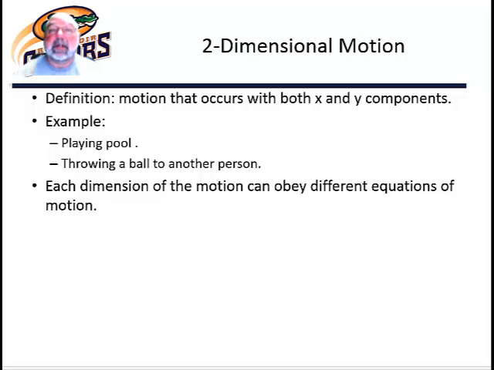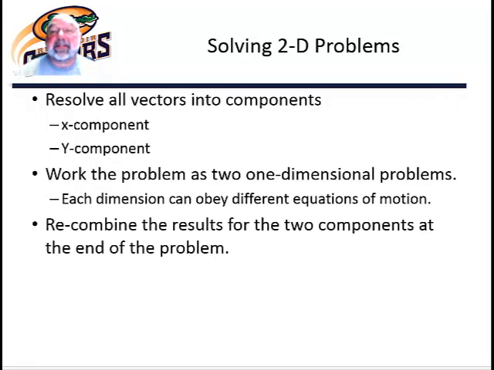We have to do the kinematics equations in the x dimension, and then we have to do the kinematics equations in the y dimension. When we solve these two-dimensional problems, we need to resolve the vectors into components. In other words, we need to break them into their x and y components. Again, that's called resolving the vectors. Then we need to work the problem as two independent one-dimensional problems.